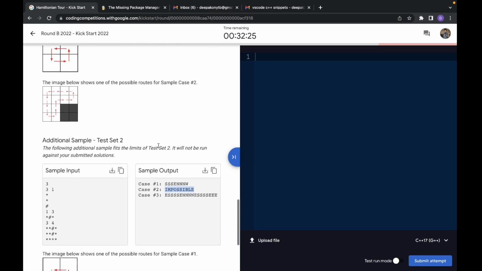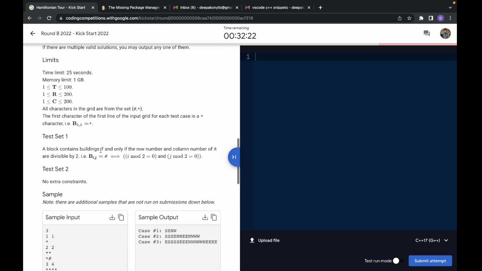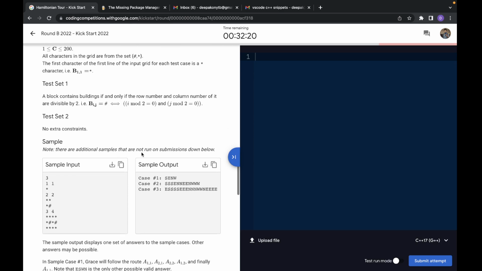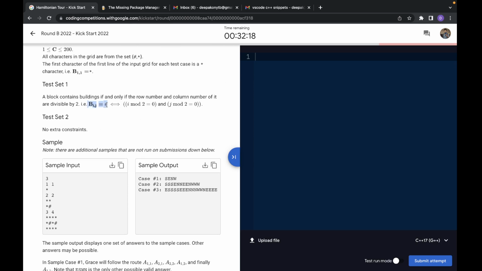So there are two test sets here. The first one basically says that you'll have obstacles at only those positions where this condition is satisfied. So if you think about this, you'll have star, star, star, let's say infinite like this.